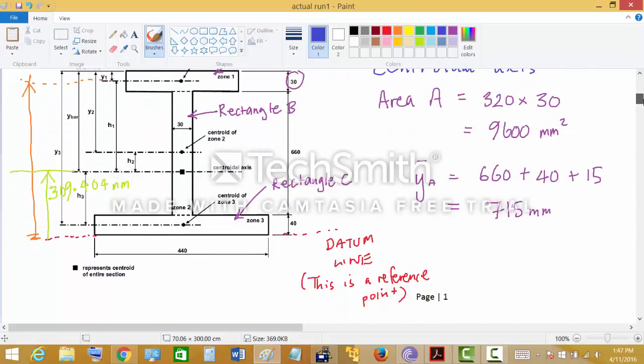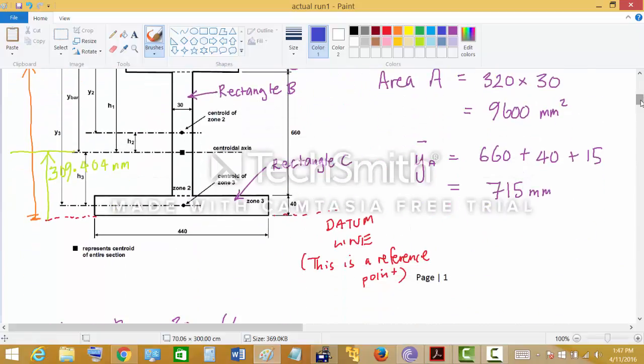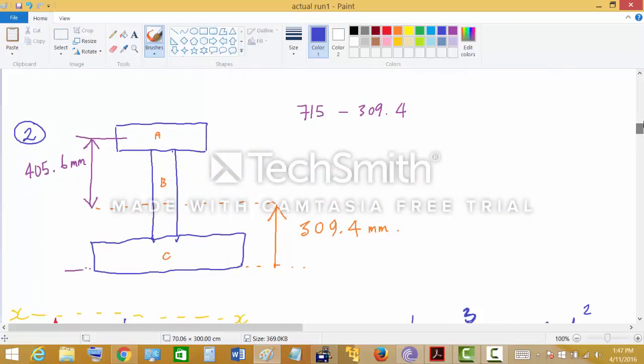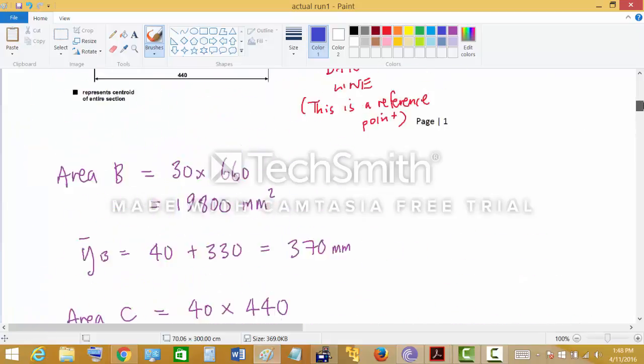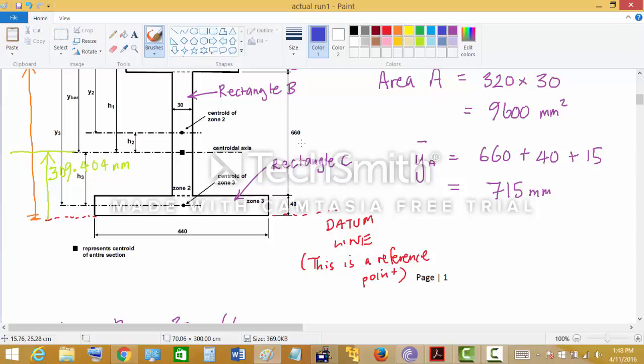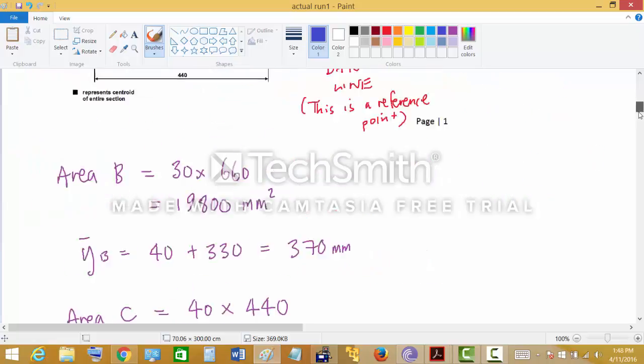Its d is the centroid, which is 40 plus half of 660. 330 plus 40, 370.